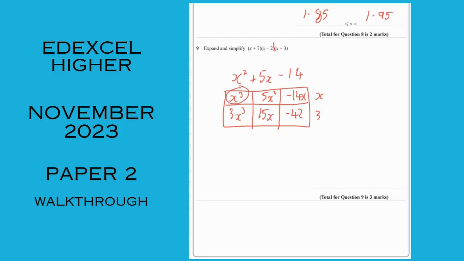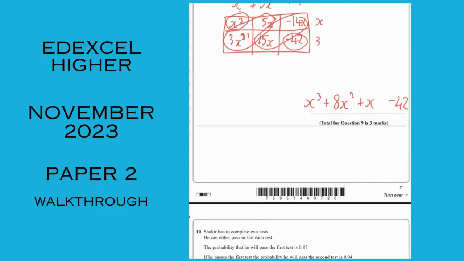Simplifying, first term is x cubed, final term is minus 42, and then we've got 8x squared, and there 15, take away 14, we've got 1x.